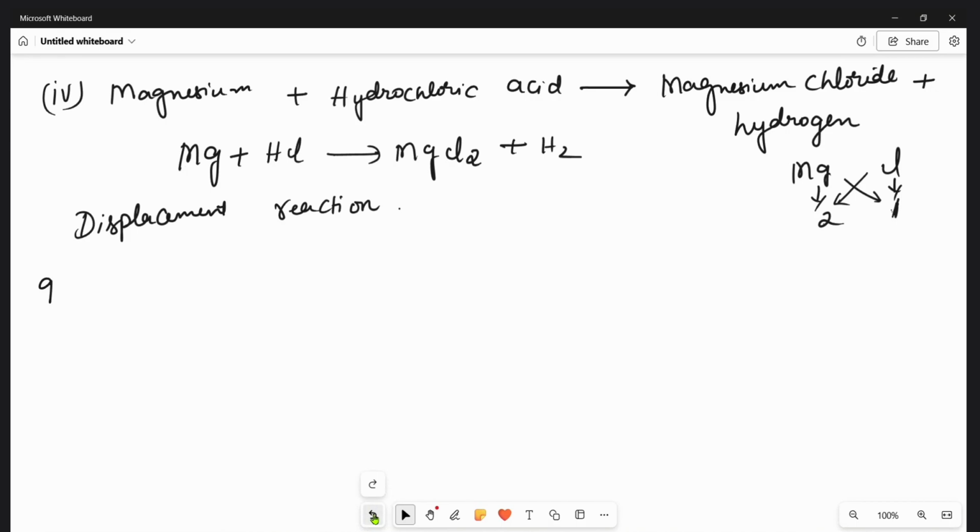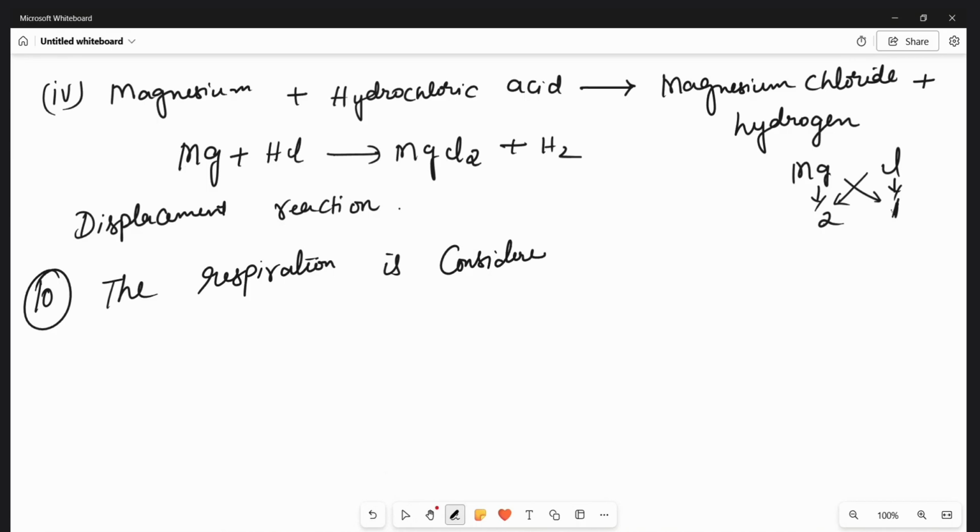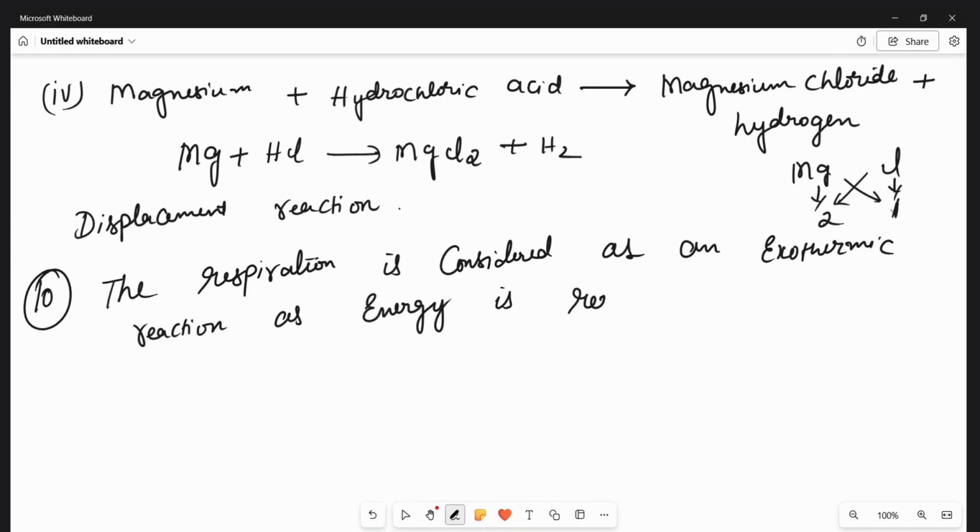Write down that 10th one. Respiration is considered an exothermic reaction as energy is released in this reaction.